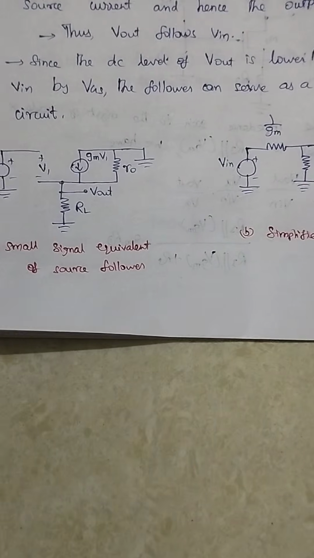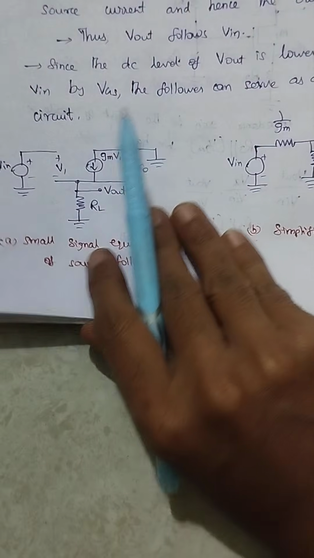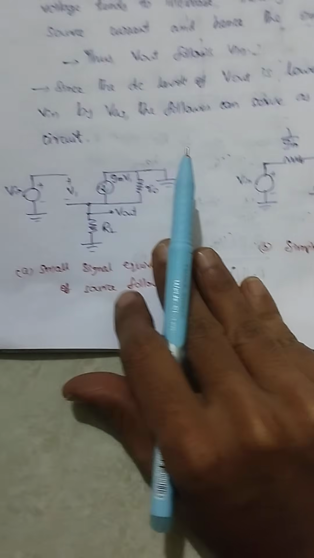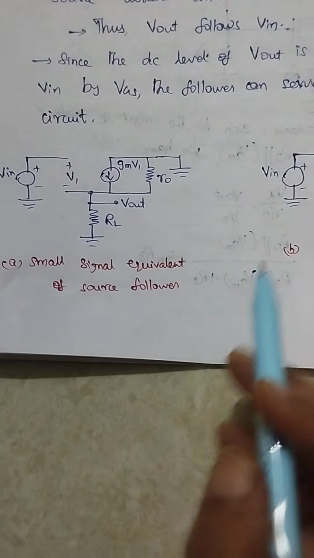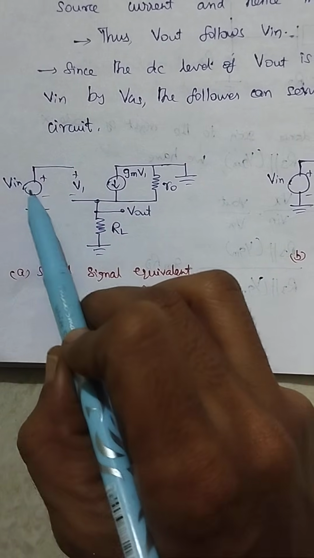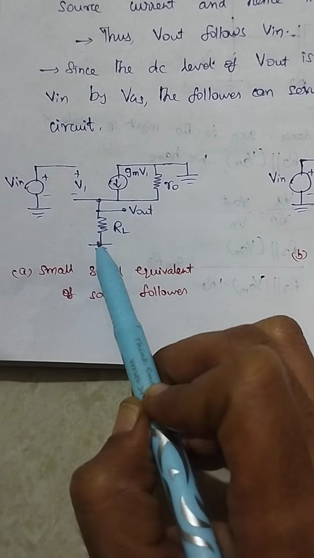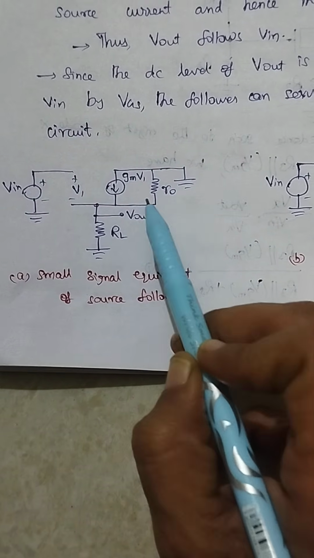Next we are going to see the gain of this source follower. For finding that gain, we convert this diagram into a small signal equivalent diagram, the small signal equivalent of the source follower. Here we give the input at the gate, take the output at the source, and the drain is connected to ground.